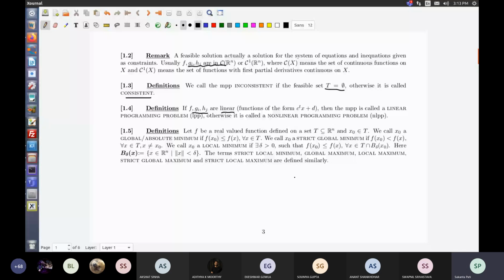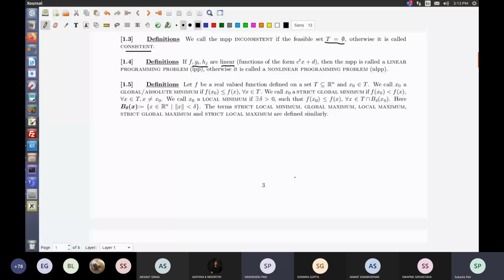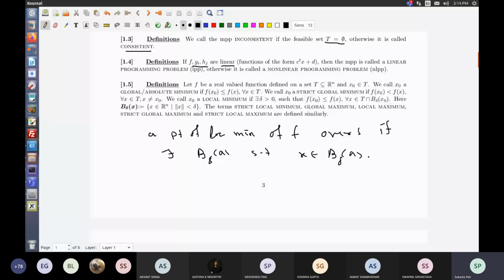Still, if a is a point of local minimum of f over a certain set S, then there exists some ball B_delta(a) of radius delta around a, such that x belonging to B_delta(a) intersection S implies f(x) is greater than or equal to f(a).